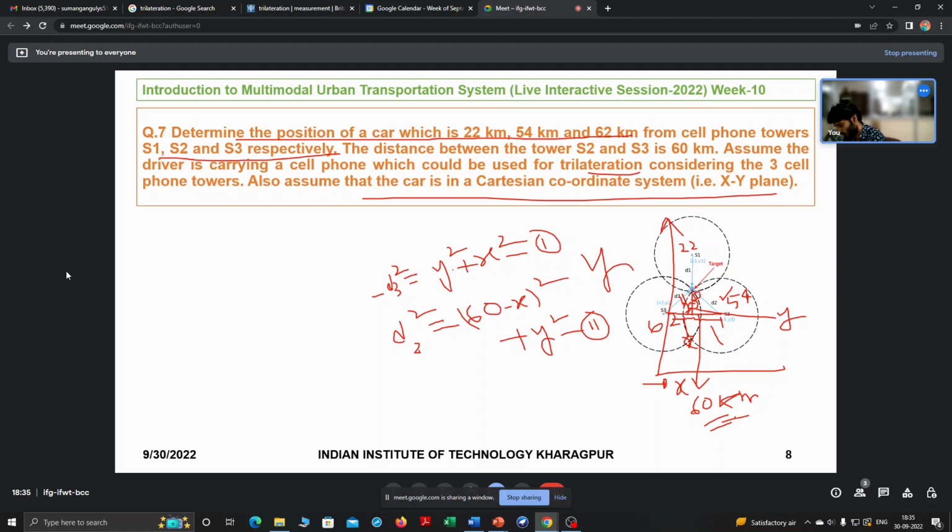So then your y square is 62 square minus x square is equal to your 54 square minus (60 minus x) square, right? So then your 62 square minus 52 square is equal to x square minus (60 minus x) square.